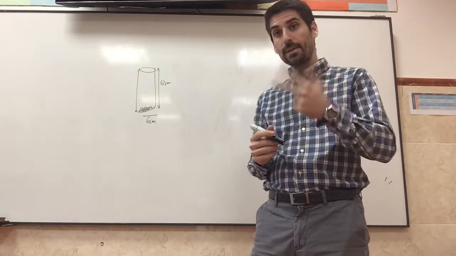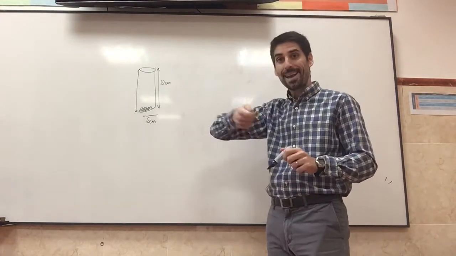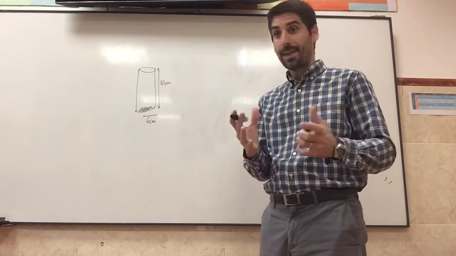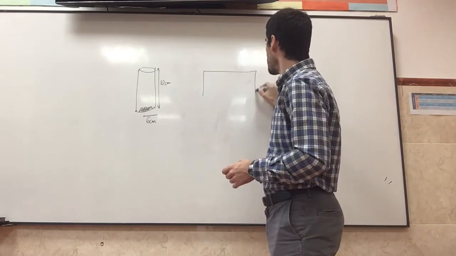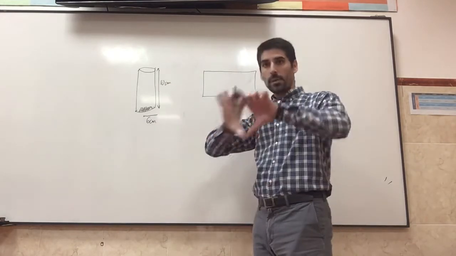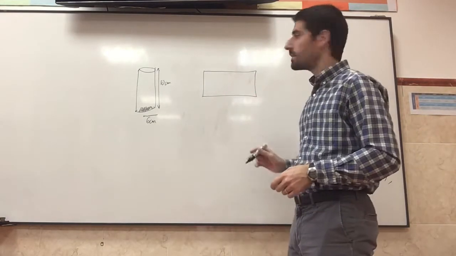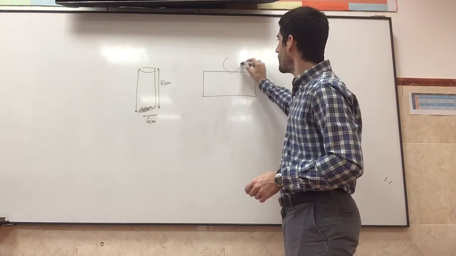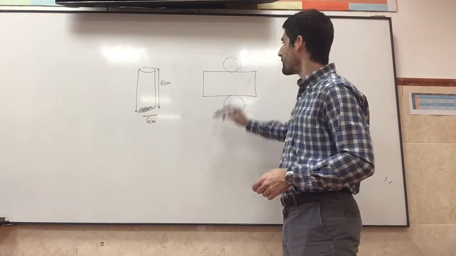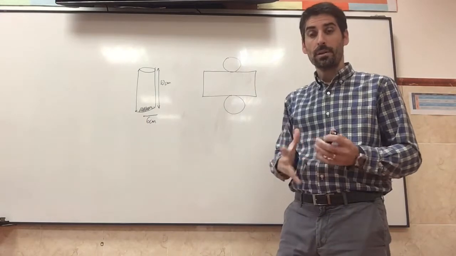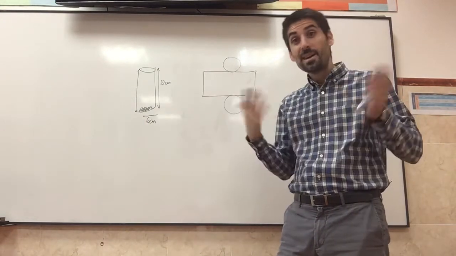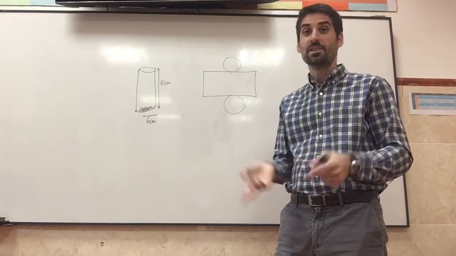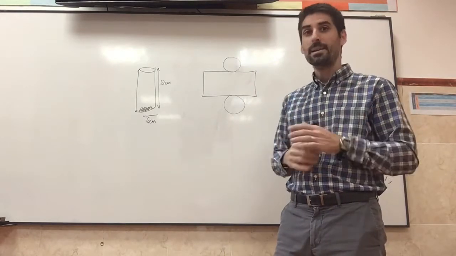So if I was to get my can opener and open the can, the body of the tin would be a rectangle, and at the top I will have one lid, and at the bottom I'll have the other lid. This picture looks a lot funnier if you put the two circles at the same end, but I'm not going to do that because I'm not that childish. I suspect some of you might.